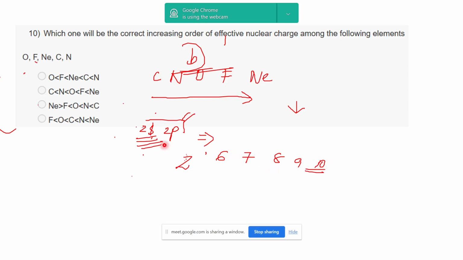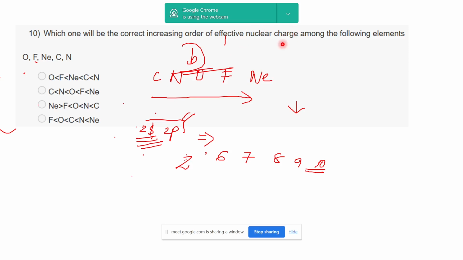Since no shells are added, the size of the shell is constant, but the charge of the nucleus is increasing. Because of that, there will be much more attraction between the nucleus and the electrons in 2s and 2p. Because of this higher attraction, the atom is contracted, which means the size is decreasing from carbon to neon.